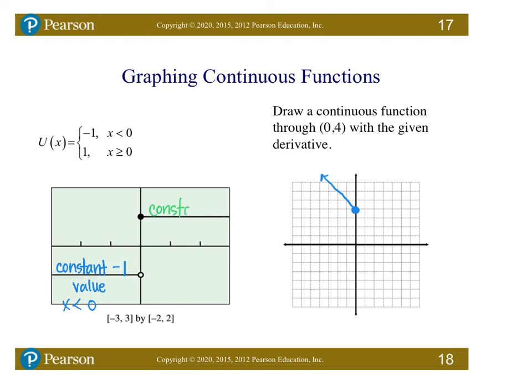My other section of the graph has a constant value of +1 on the interval where x is greater than or equal to 0. So now I need to, also still going through the point (0, 4), draw something that has a constant slope value. And so that would go up this way. And so I've just created an absolute value graph that's been moved up 4.